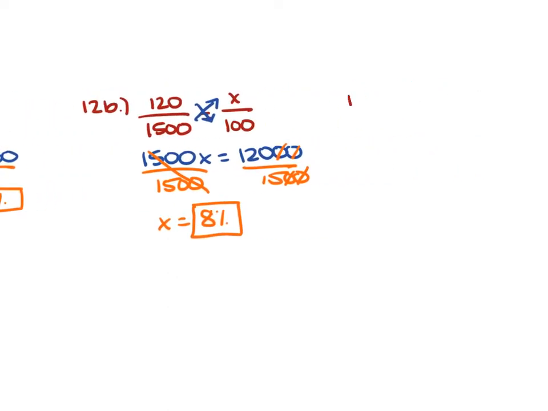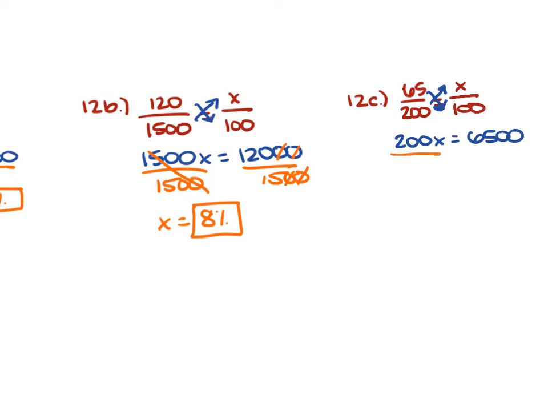For C, we have 65 is what percent of 200. So again, we're given our is and our of. So we're going to have 65 is percent of 200, the percent we're finding, so that's x over 100. So we're just going to cross multiply here, so it's going to give us 200x is equal to 6,500.